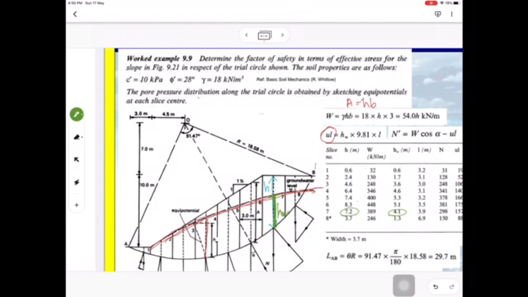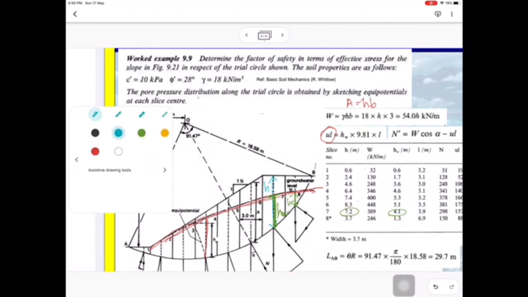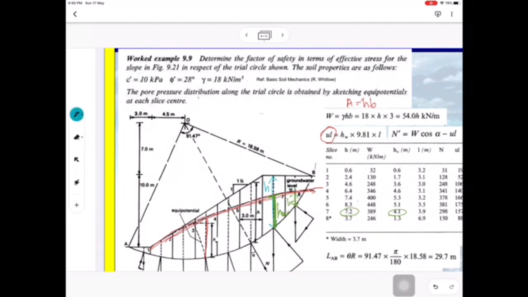Same goes for the rest of the slices. Let's say slice 8. HW is 1.3. This is HW for slice number 8. But H is 3.7.